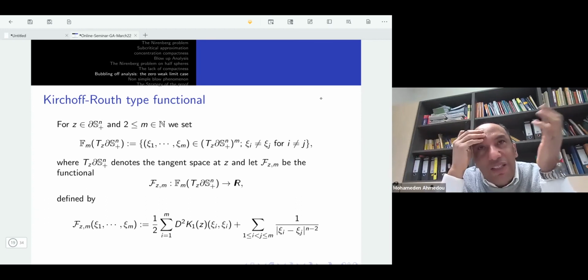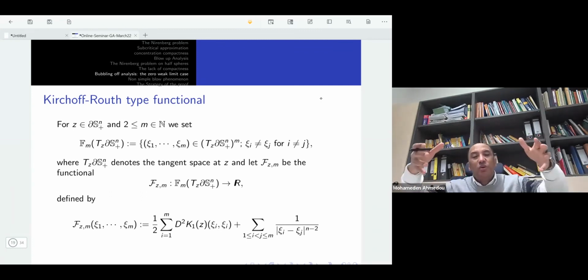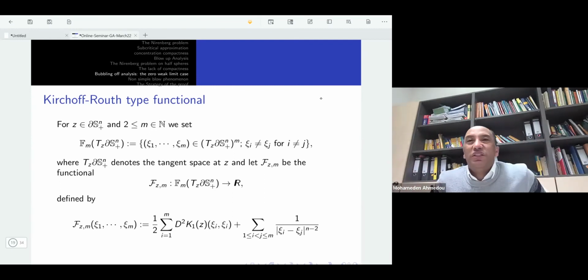And this function is what you find if, for example, you are looking for the location of vortices in the Euler equation, or if you look at the concentration points in the mean field equation.